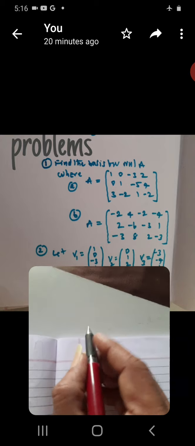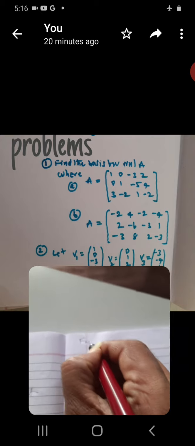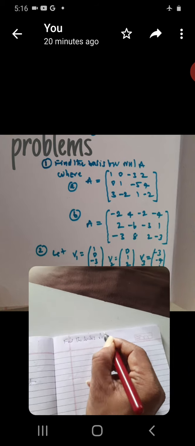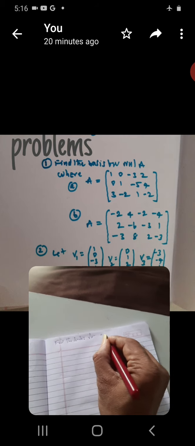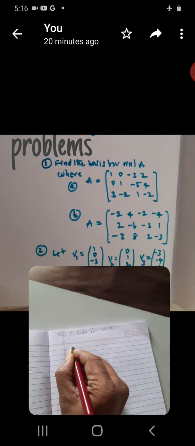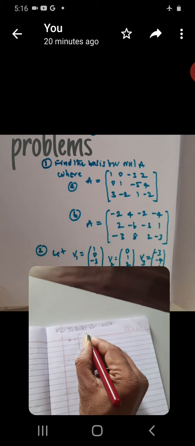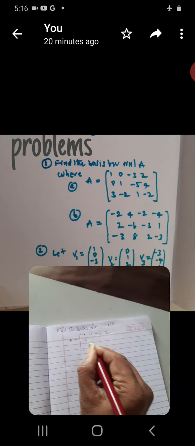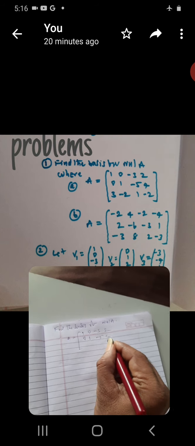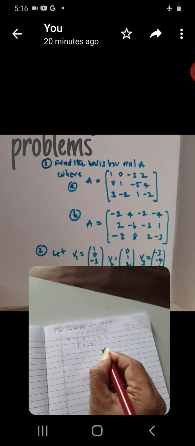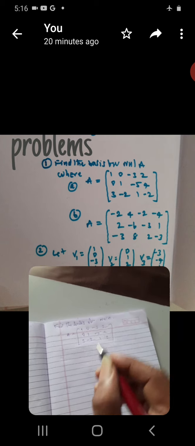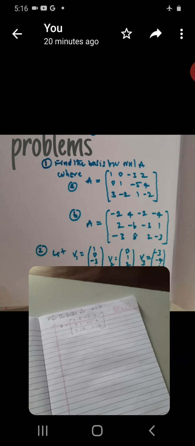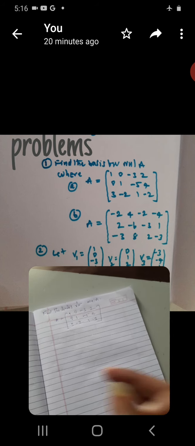Find the basis of Null A. Here the given A is [1, 0, -3, 2; 0, 1, -5, 4; 3, -2, 1, -2]. These are very important problems. Under Kakatiya University, they carry 6 or 12 marks. This is the problem.